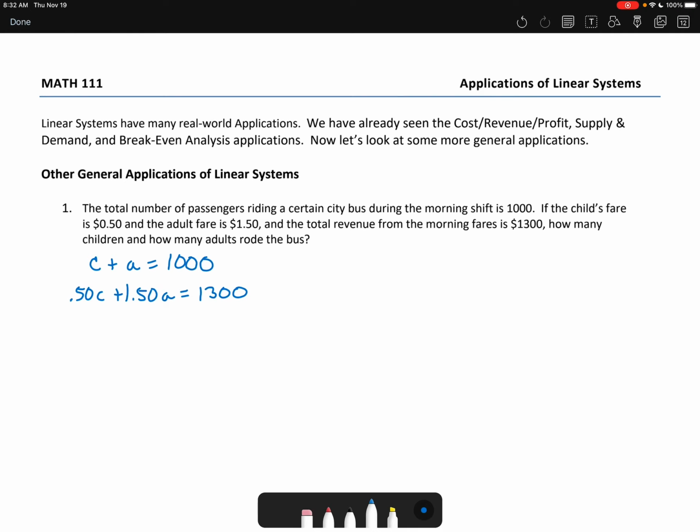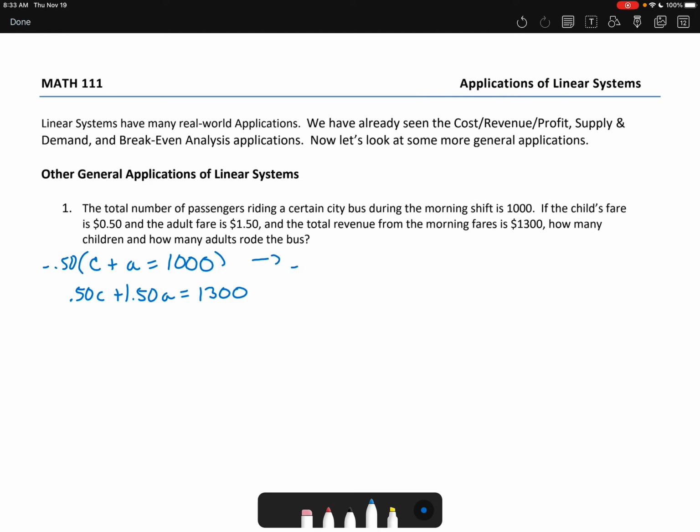And now we want to solve this. I think this one's set up pretty good for either substitution or elimination. You could simply take that top equation and either subtract the A over to solve for C or subtract the C over to solve for A. But I really like to do the elimination method. So I'm going to just multiply this top equation by negative 0.50 to create opposite C's.